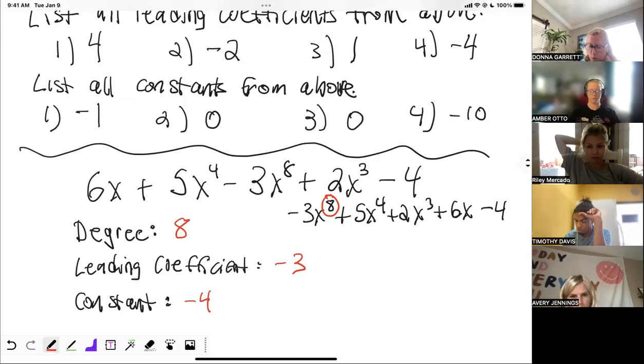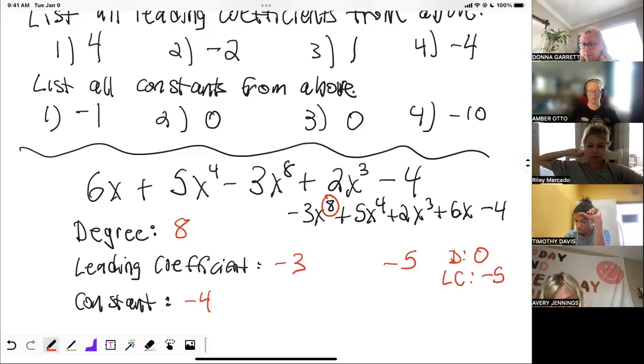If I just gave you -5 and I asked you for degree, the degree is 0. And the leading coefficient would be -5. But a degree over a whole polynomial is just the highest degree, or the highest power, let me put it that way. Is that okay? Did I answer your question?